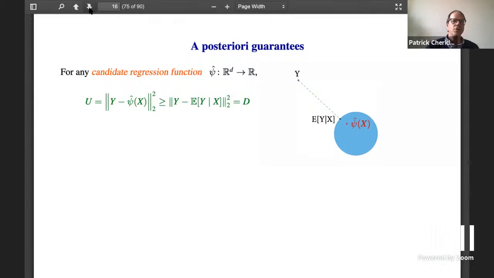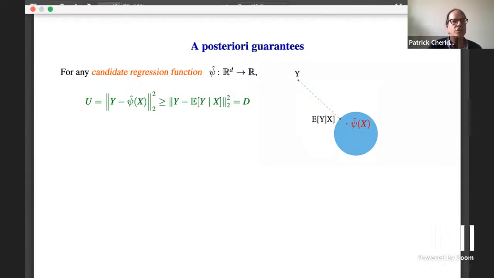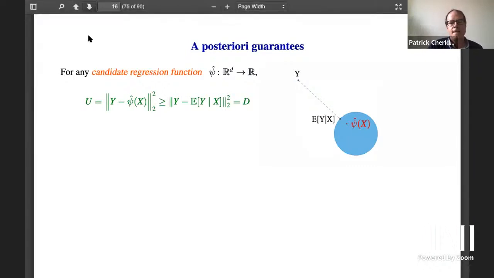In contrast to supervised learning, no matter how much I train, I'm not going to be able to reduce this error to 0, because the minimal error is the error from y to the conditional expectation of y. And so what you have is this upper bound u.